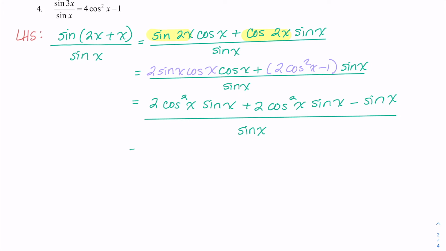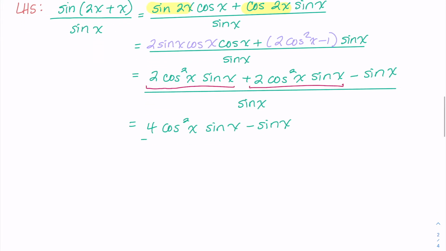So now, as you can see, we have like terms. And we have 4 cosine squared x sine of x minus sine of x, all divided by sine of x.